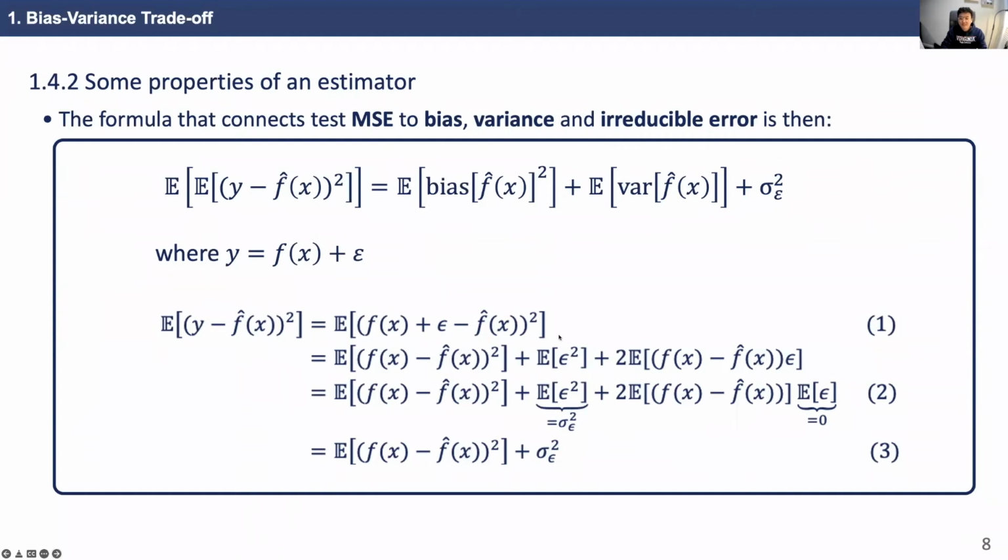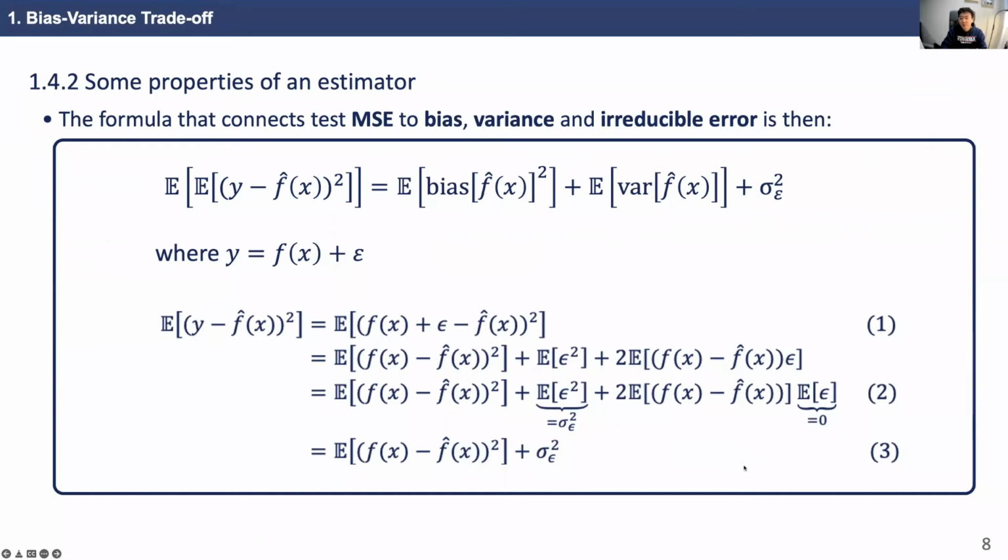I will now derive the formula for a given test point x, and since it will hold for a given test point x, it will also hold for any distribution of unseen test points. Equation 1 here is because y is f(x) plus epsilon, the random value, and the second equation is because of square expansion, the linear property of expectation, and independence of the random variable epsilon and f hat.